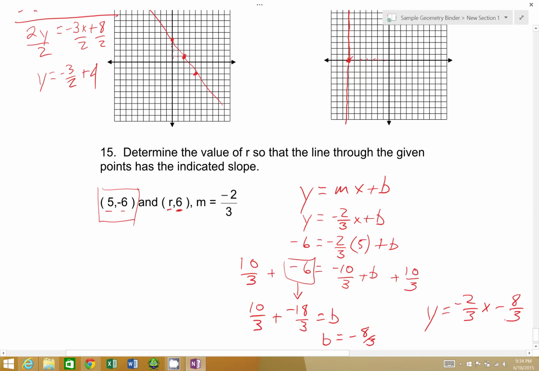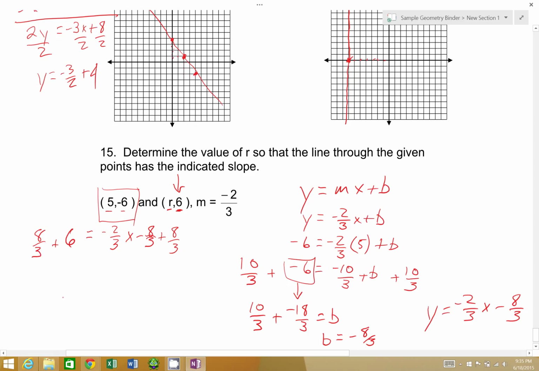Now, I'm going to come over here then to this point, r comma 6. They've given me the y value. So 6 equals negative 2 over 3 times some value for x, I don't know what that is, minus 8 over 3. So I'm going to add that to both sides to get rid of it.